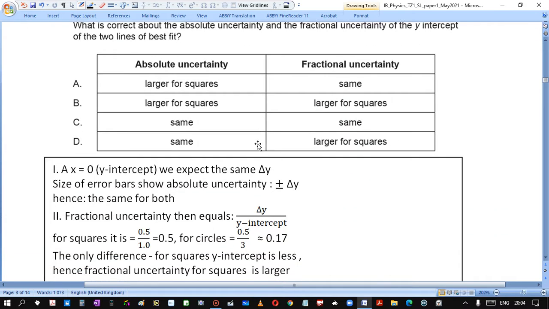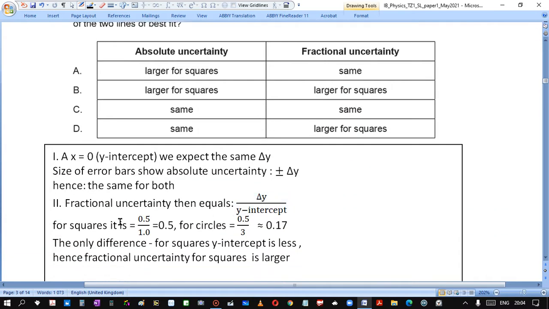So we can calculate fractional uncertainty, which is absolute uncertainty divided by the value. For squares it will be 0.5 by 1, for circles 0.5 by 3. So for squares it is larger, and absolute uncertainty is the same. So choice D.